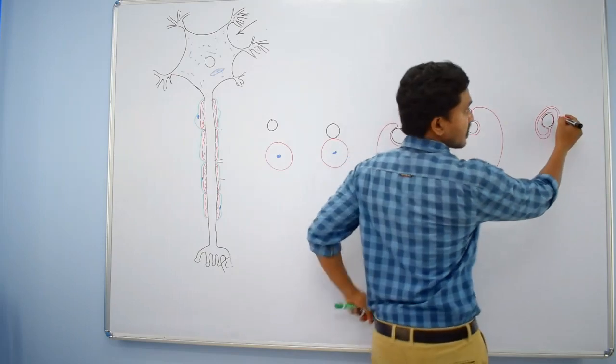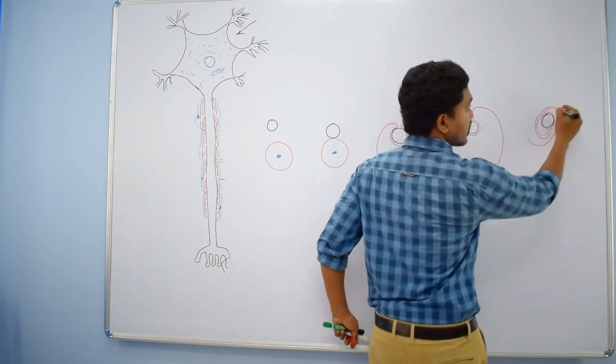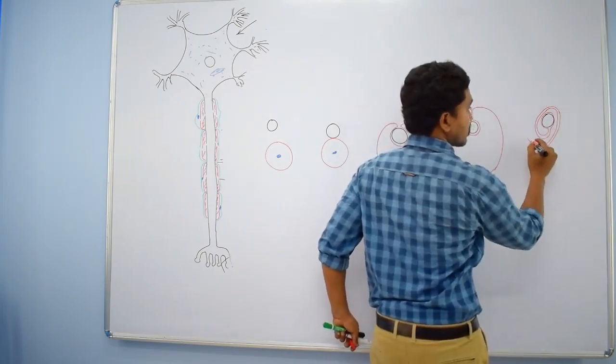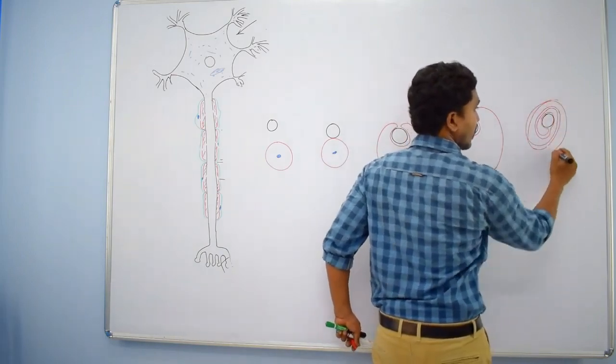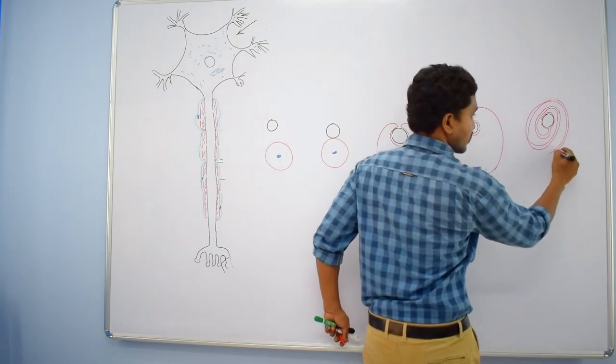This mesaxon is going on winding around the axon, like this.